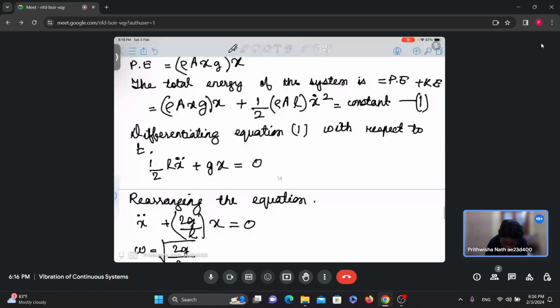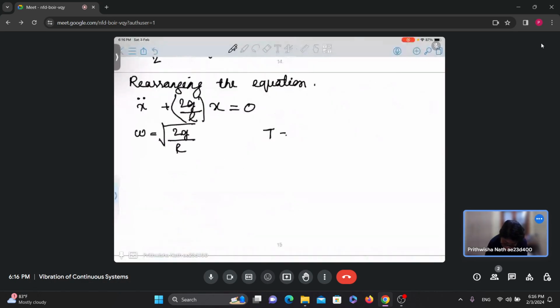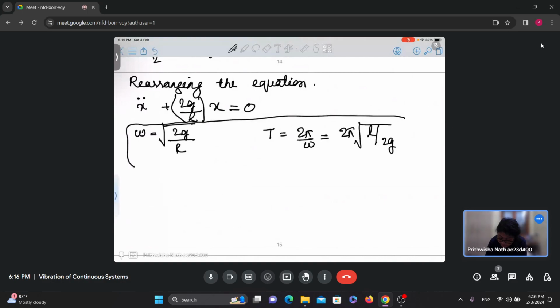Time period is given by 2 pi by omega. So this becomes 2 pi root over L by 2g. So this is the final answer for this question.